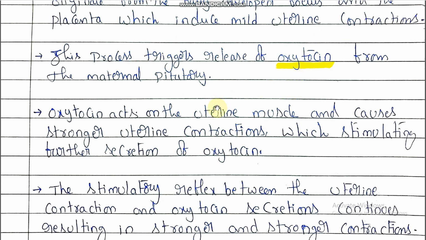After the release of oxytocin, it acts on the uterine muscle for stronger uterine contractions, which stimulate further secretion of oxytocin. When stronger uterine contraction takes place, more oxytocin secretion takes place. That you need to remember, right?